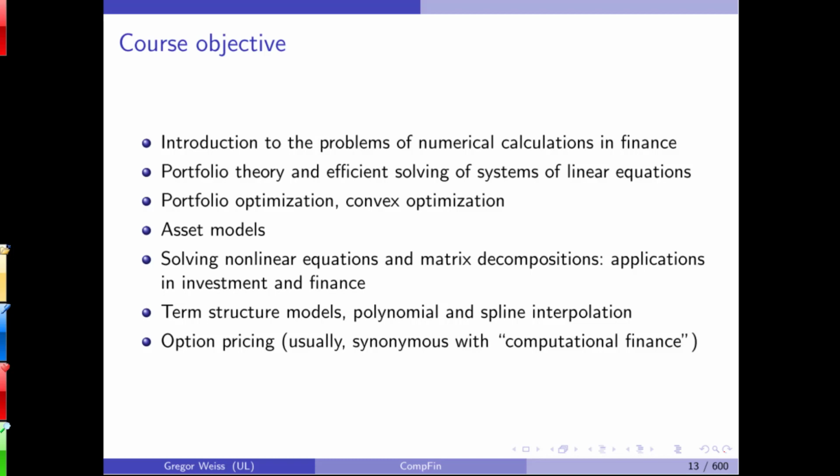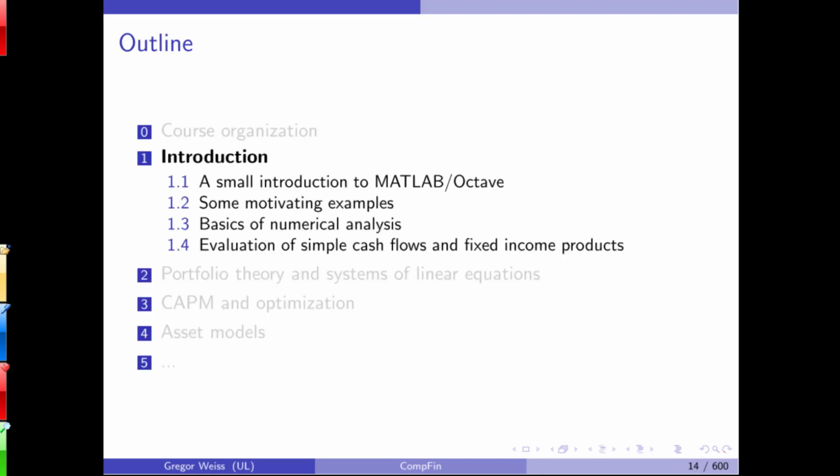But even with a regular-sized Excel sheet, say with 50 megabytes of data, you can no longer use your own calculator, and then problems immediately start to arise. Then term structure models, polynomial and spline interpolation, and matrix decompositions maybe as well.